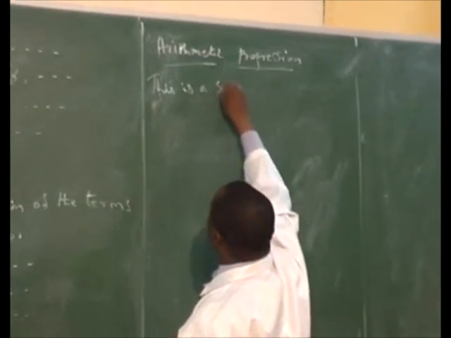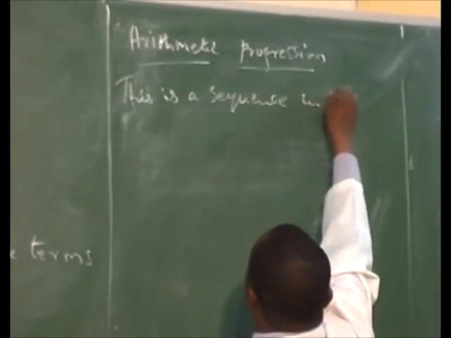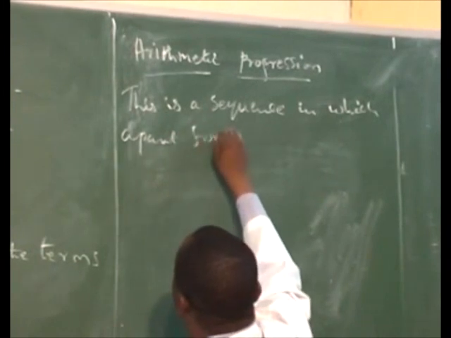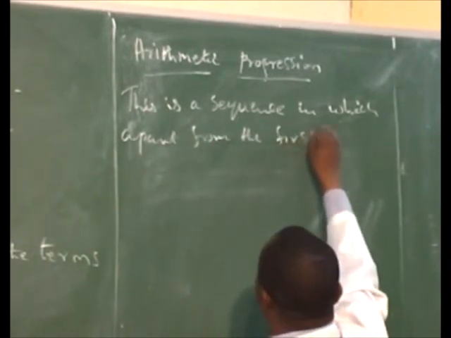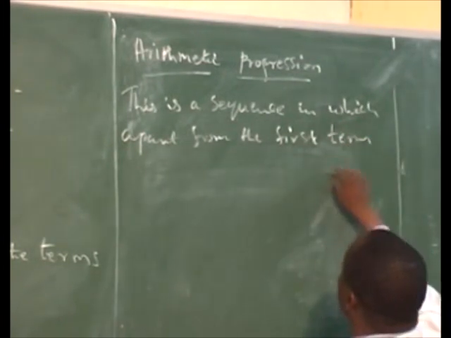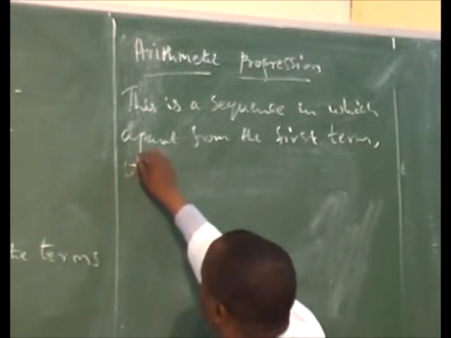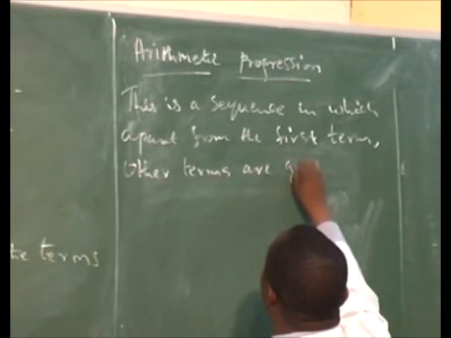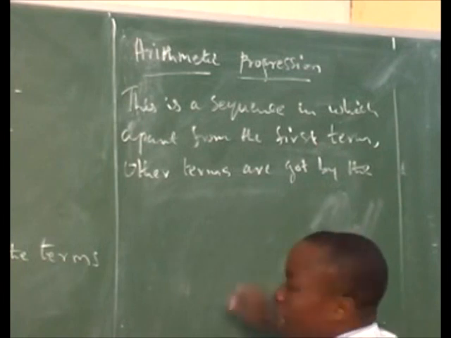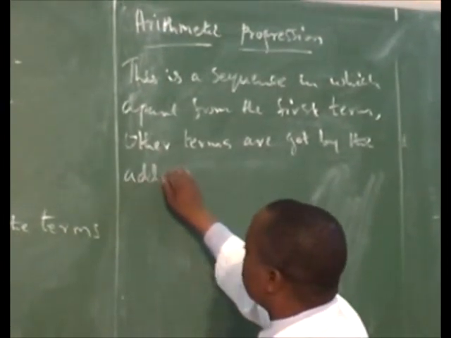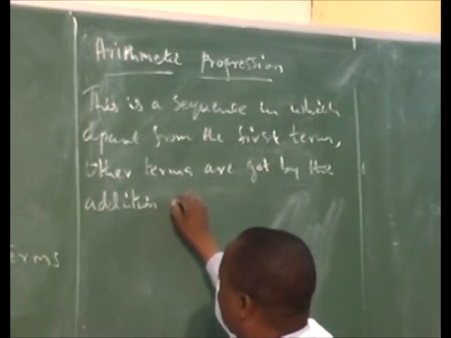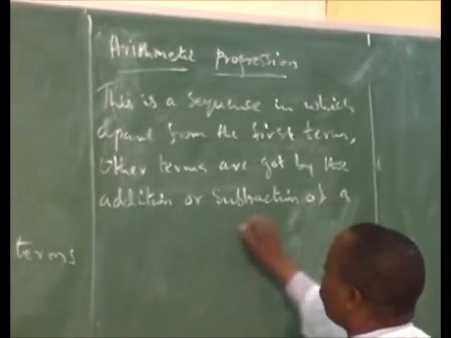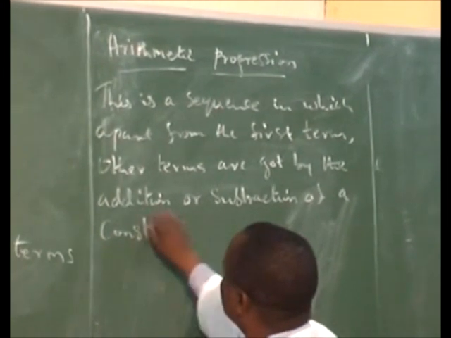This is a sequence in which the first term, comma, other terms are got by the addition or subtraction of a constant number.